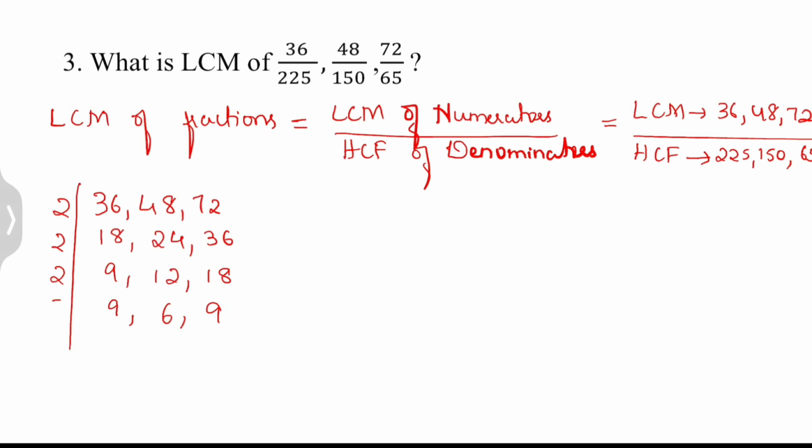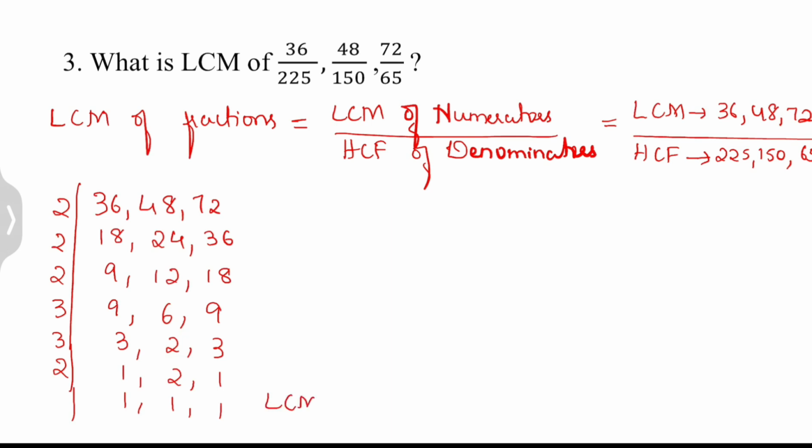Now 2 will not divide, so go for 3. 3 3s are 9, 3 2s are 6, 3 3s are 9. Again 3 1s are 3, 2 as it is, 3 1s are 3. Now 2 1s are 2. So we have reached 1 1 1.